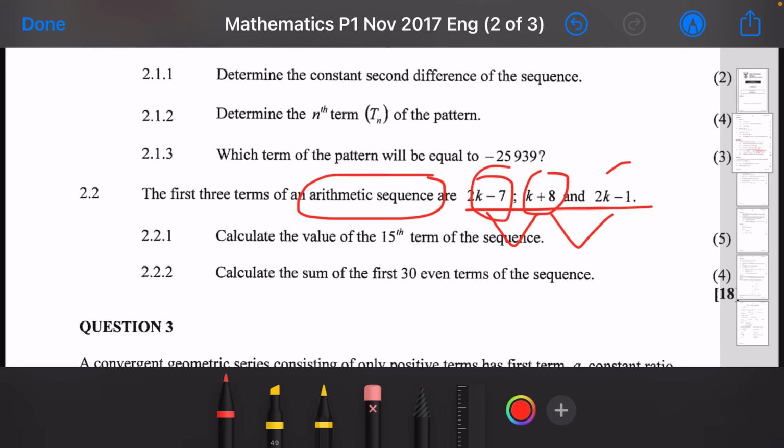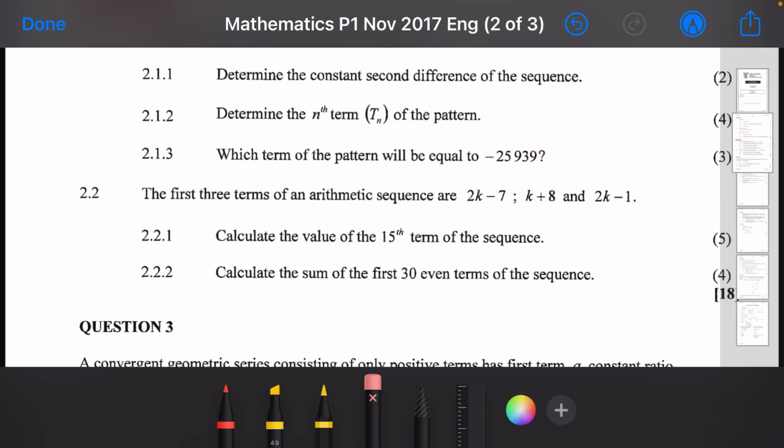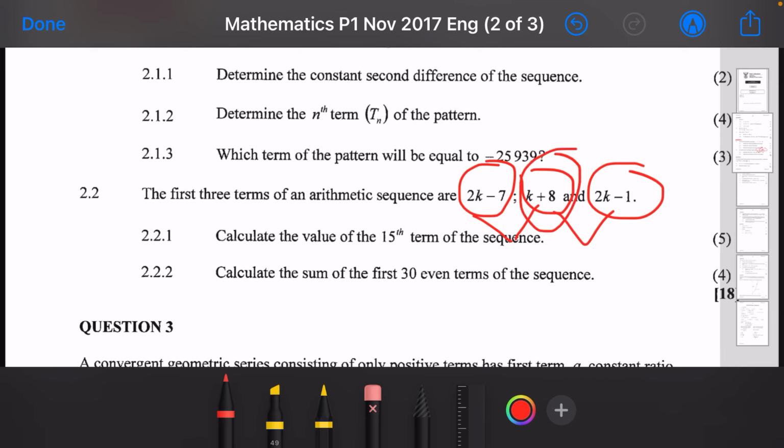But the tricky part in this case is that number, negative 25,939, is too far for you to just keep on adding the difference until you get to that number. So that is the reason why you need to use the equation that you determined on question 2.1.